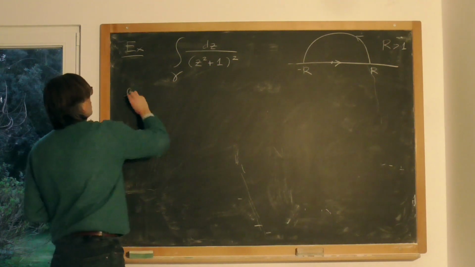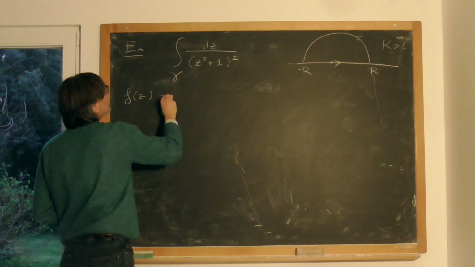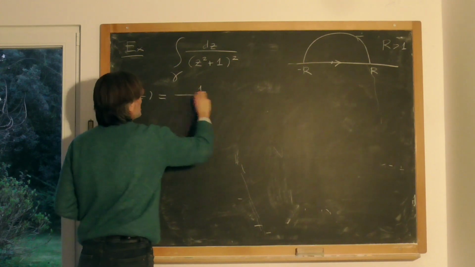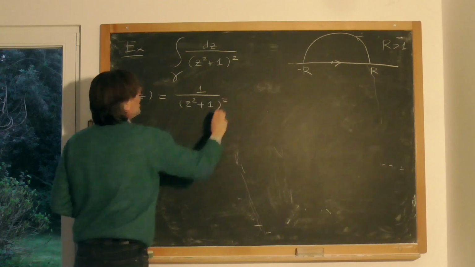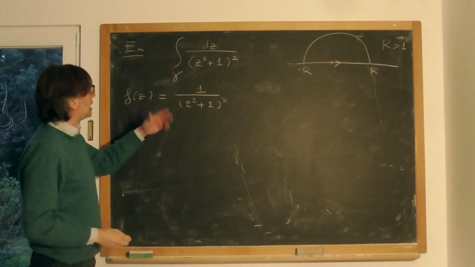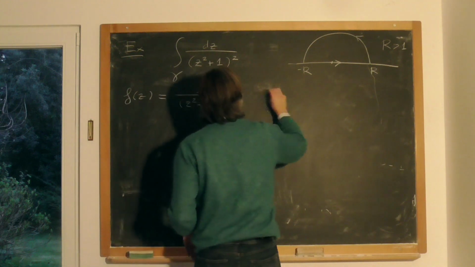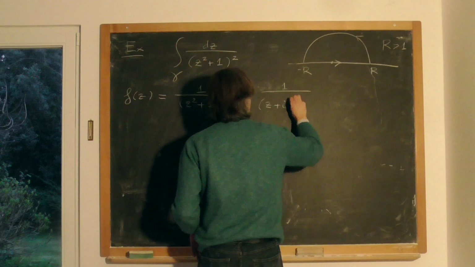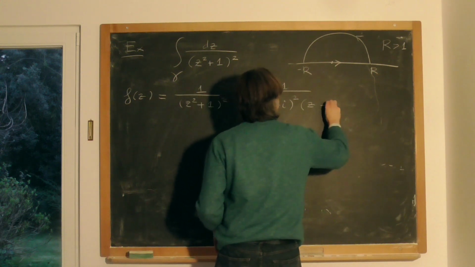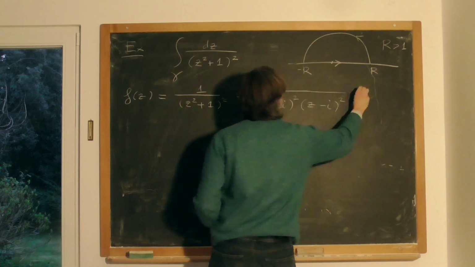Again, the function f of z is 1 over z squared plus 1, squared. This has two poles at i and minus i. We can rewrite it as 1 divided by z plus i squared times z minus i squared.